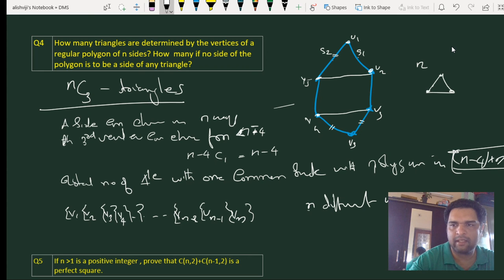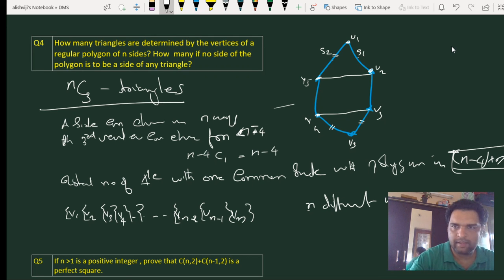If you have a triangle, then we can have a triangle with three sides common to it. For all other regular polygons, we cannot have a triangle which is defined by three sides of the polygon.